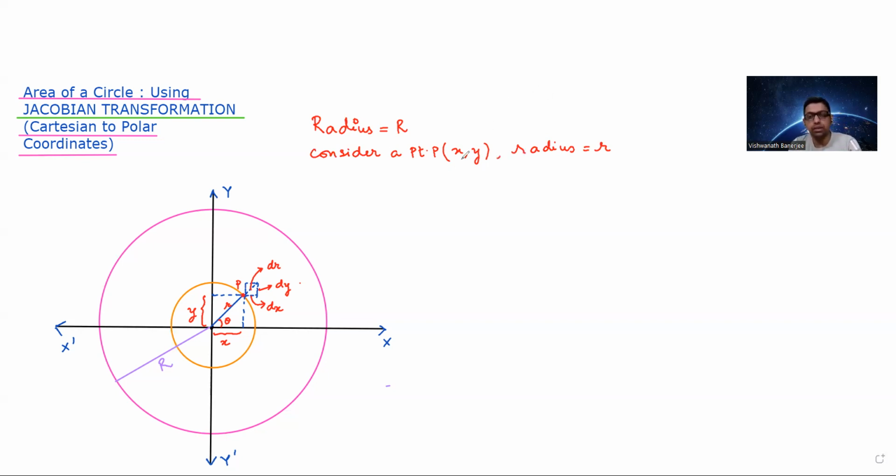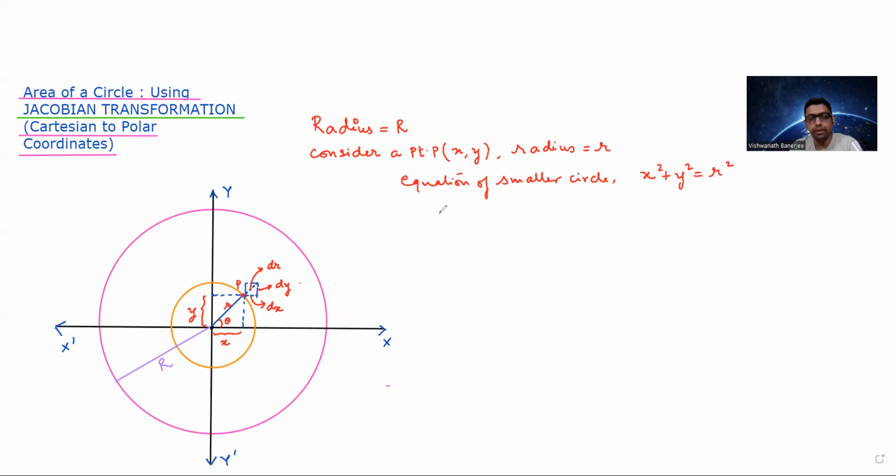So one can clearly see that the equation of the smaller circle is x square plus y square equal to r square, where one can easily write the components.